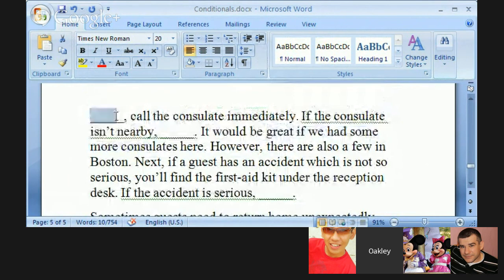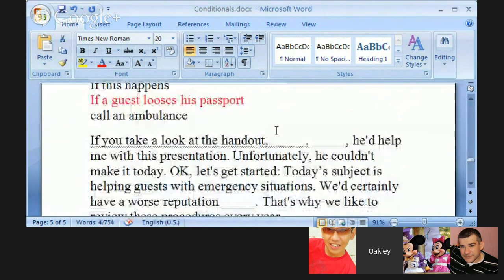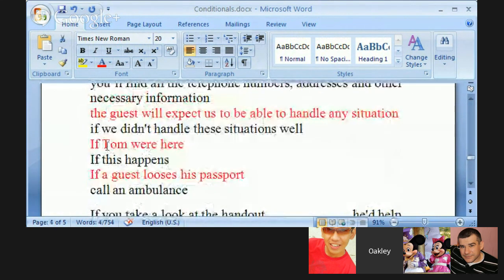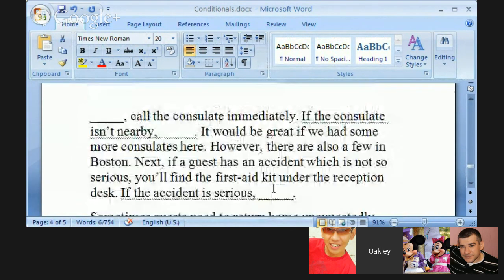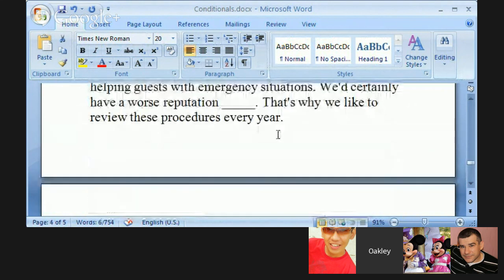Adam, the condition, the if clause, call the consulate immediately. All right, we need another if clause. If a guest loses his passport. Now, what's different here?